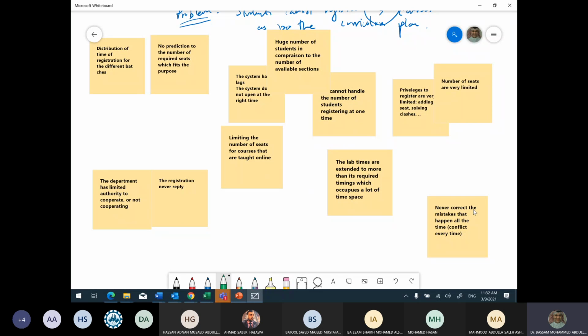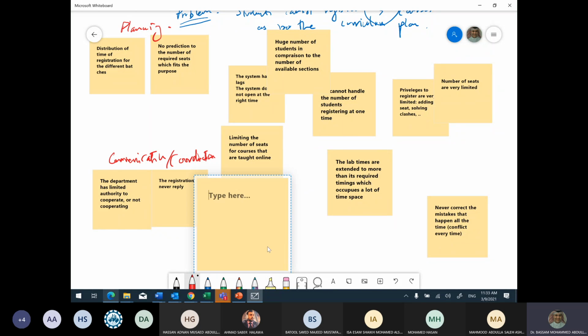Okay, so I'll try to do my best with the amount of space that I have here. So here I'm talking about issues related to planning, and issues related to communication and coordination. I'm adding the word coordination. The reason is that there's one problem that maybe you have not mentioned: sometimes the department doesn't know how to contact the registration.